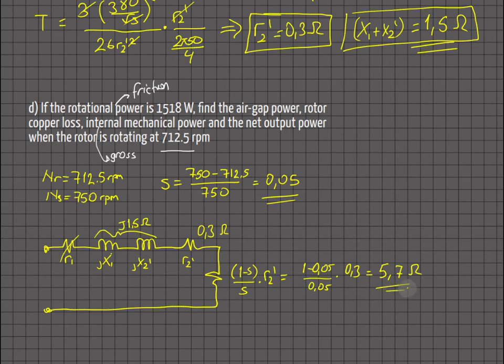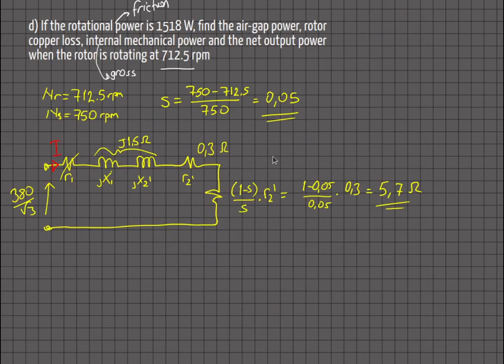you will find it like 1.7 ohms. Okay, so I know that voltage level, this is 380 divided by square root 3, so I can calculate the current value, right? In order to find the current, I need to divide that voltage by the equivalent impedance. So let's do that. So current is 380 divided by square root 3. This is 1.5, this is 0.3, this is 5.7, so that makes 6.